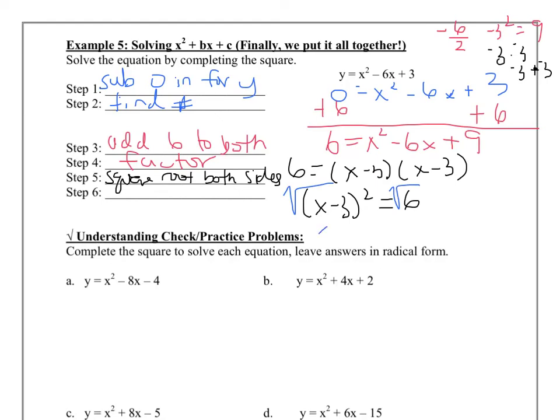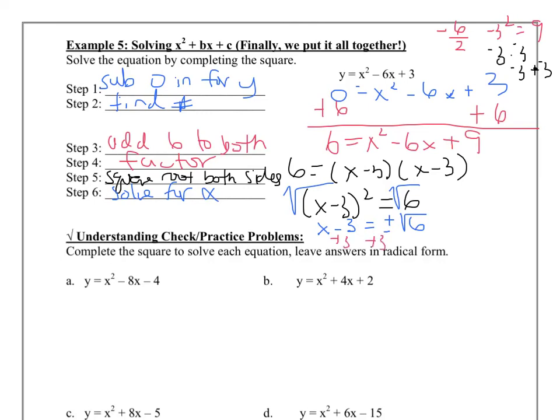And on the left-hand side, I get x minus 3 is equal to, I can't simplify to get any square root, so it's just square root of 6. And when I take the square root of it, it could be positive or negative, so plus or minus the square root of 6. Then the last thing is solve for x. And to do that, I'm going to add 3 to both sides.